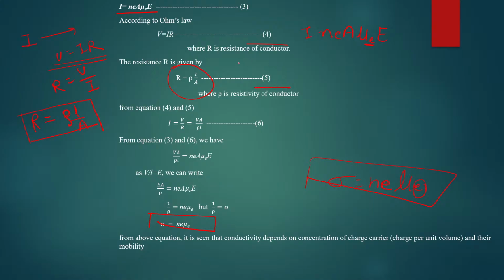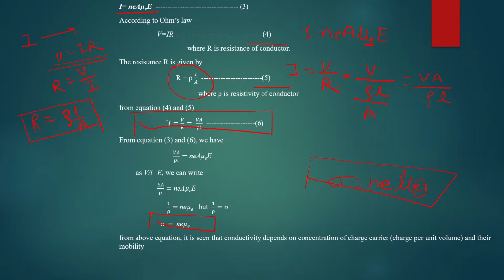We can convert that V equal to I R to I is equal to V upon R. In this case, whatever the value of R is, you can put it here: V divided by rho L divided by A. Divided by a division means multiply. So this equation is coming here. Got it?